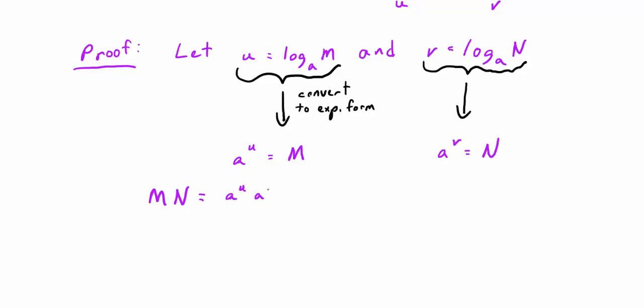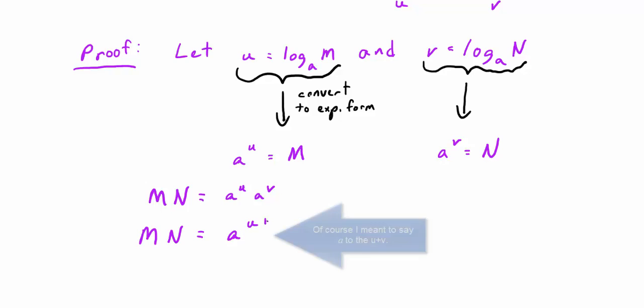A to the u times a to the v. And then using a very familiar rule of multiplying like bases, how do you multiply a to the u times a to the v? You keep the base and you add the exponents. And we're almost there. You get m times n is equal to a to the u plus v.